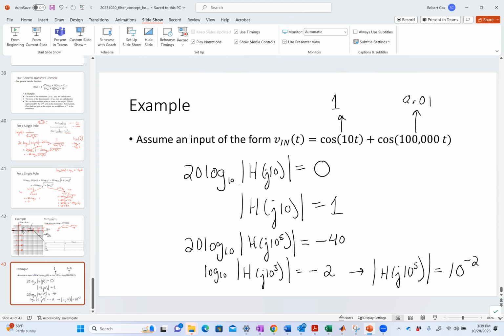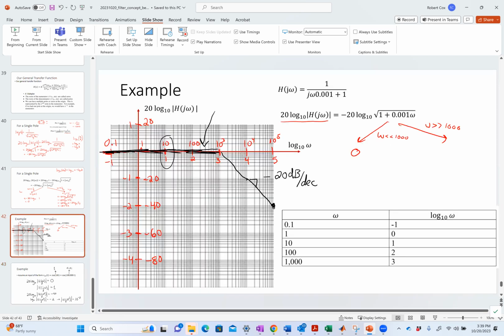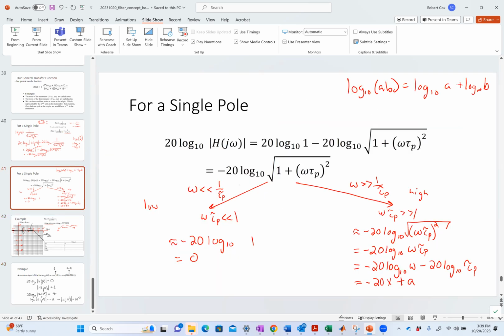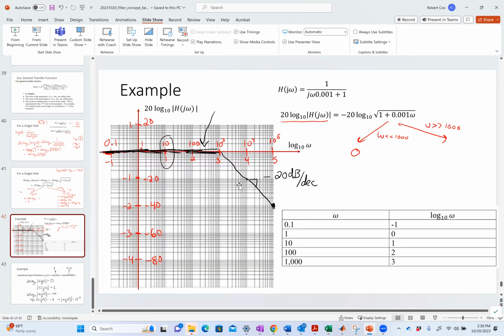What I just showed here was that for frequencies lower than the pole, this is flat. Frequencies higher than the pole, it falls. If I looked at a 0, how would it be any different? Well, a 0 would have the same form on the top. It would be flat below the 0, and then it would rise above the 0.